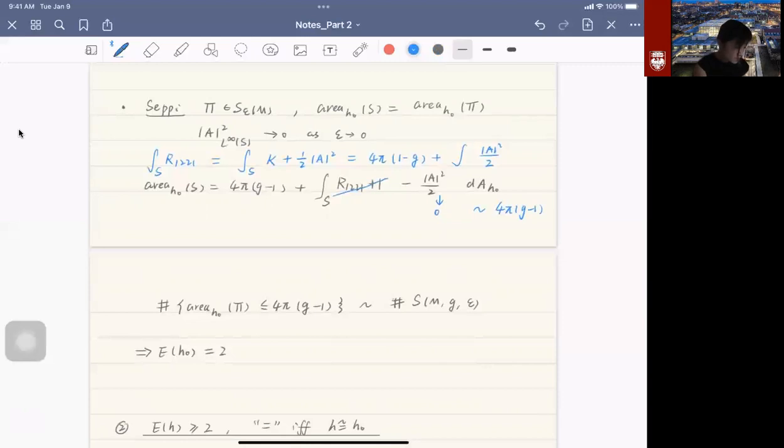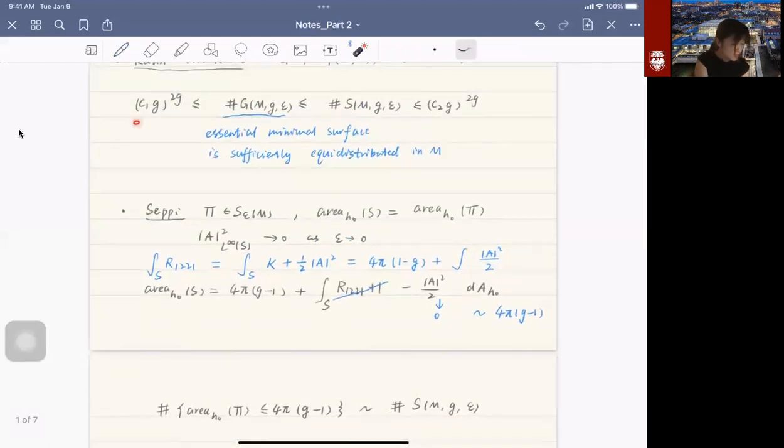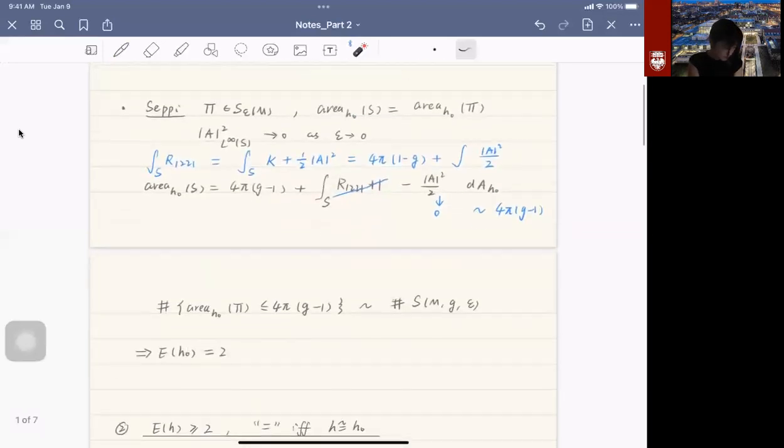And so we can just replace this part in the definition of minimal surface entropy by the cardinality of S, and we have the formula. We know that the cardinality of S is bounded both from below and above by similar terms. So we can say that the entropy must be 2. Okay, so we finished the proof of the hyperbolic case.